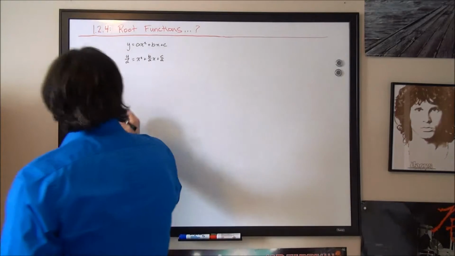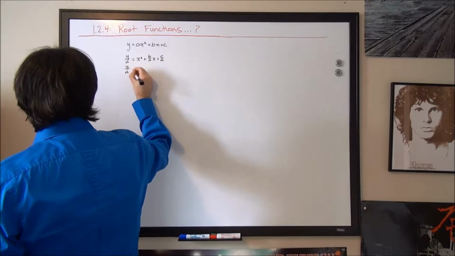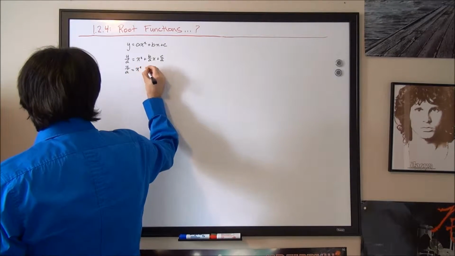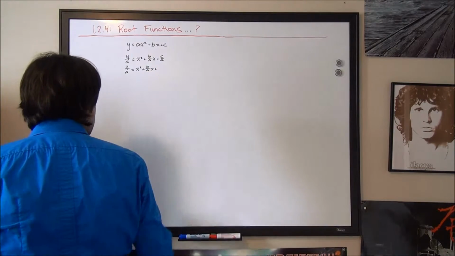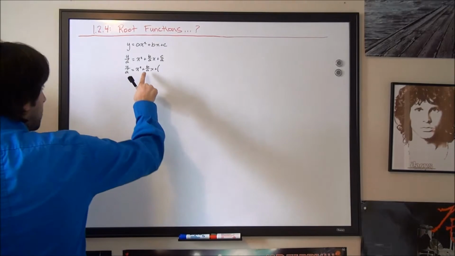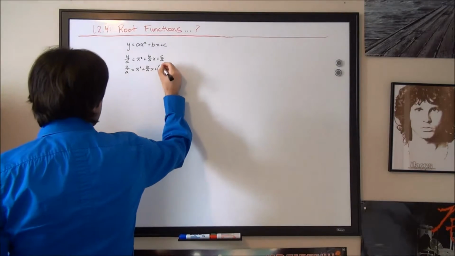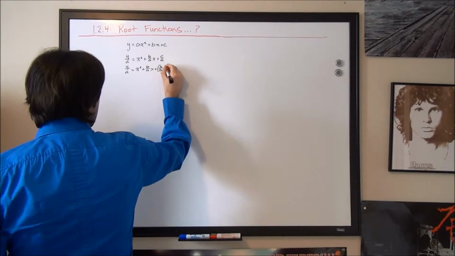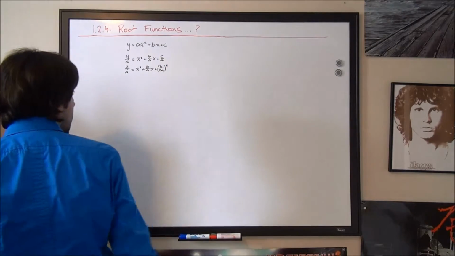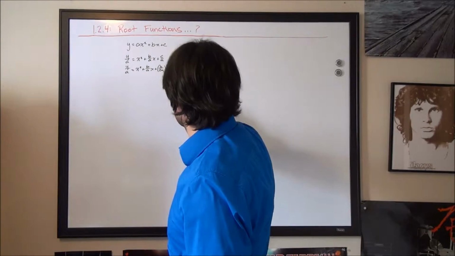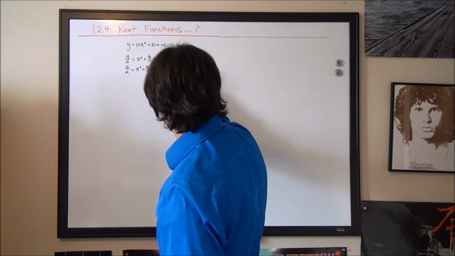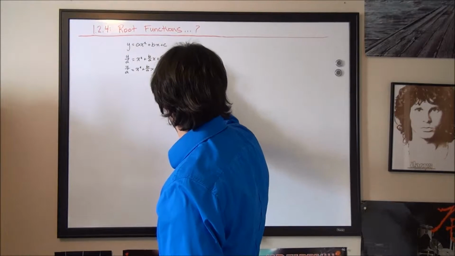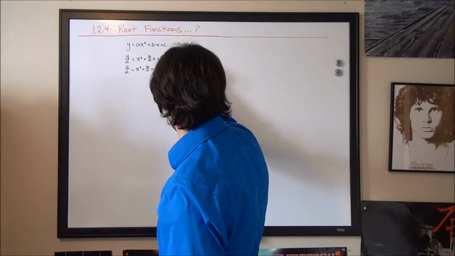So we can write y over a is equal to x squared plus b over a x plus, when we complete the square, we take half of this coefficient and square it, so we'll have b over 2a, that's half of the coefficient, and we square it. But we also have to subtract the same value, otherwise we are changing our equation. And of course we still have c over a.